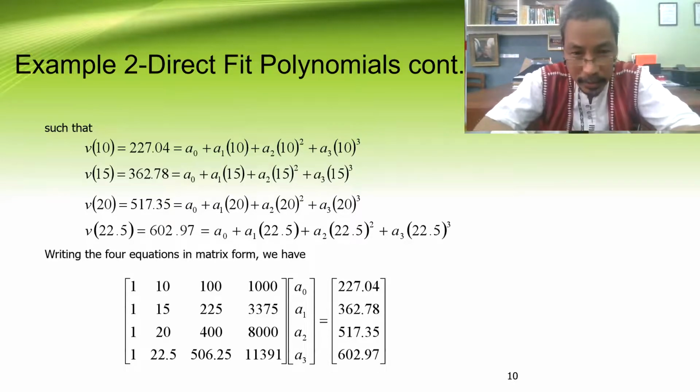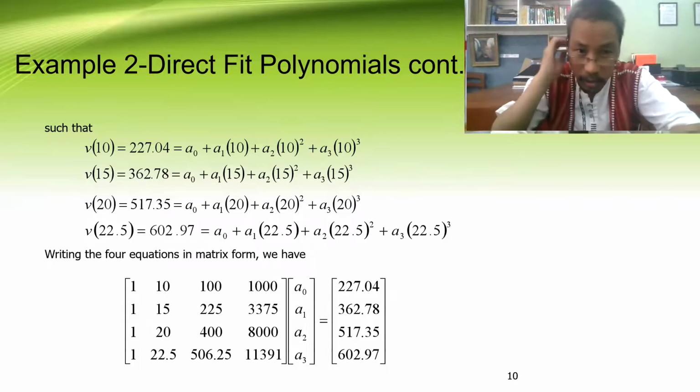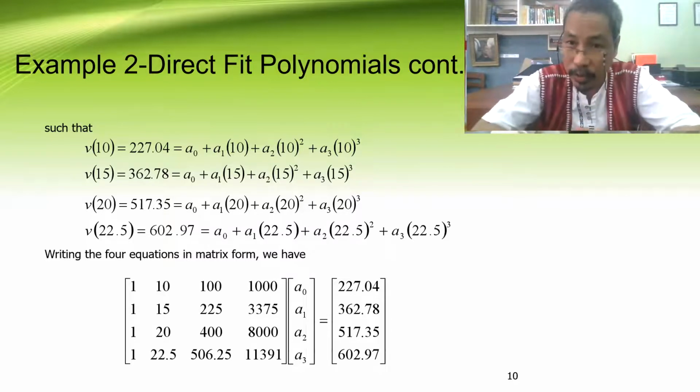The variables that we would like to know are A0, A1, A2, and A3, represented by a vector. This is equal to the given velocities: 227.04, that is the velocity at 10 seconds, for example, up to 602.97, that is the velocity at 22.5 seconds.